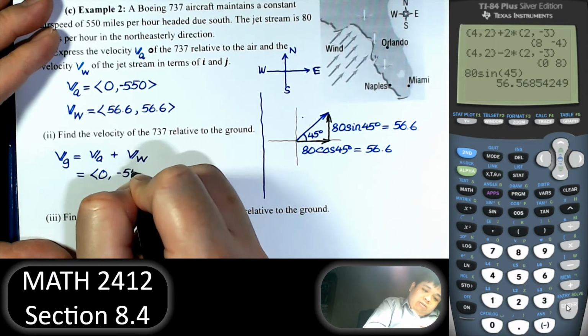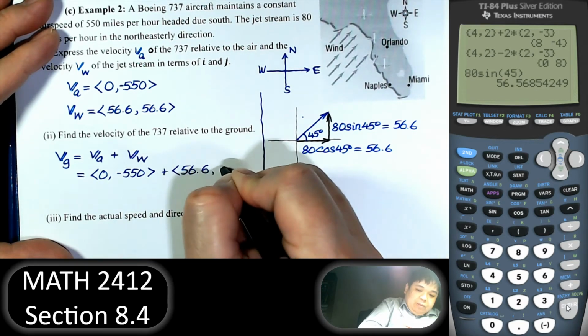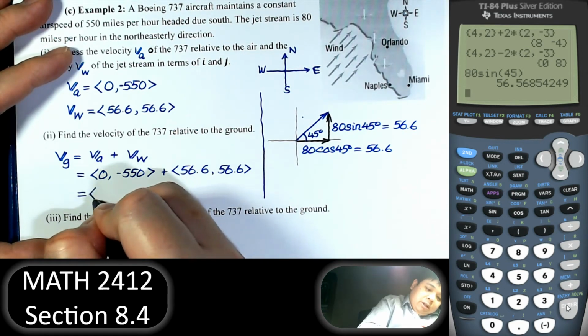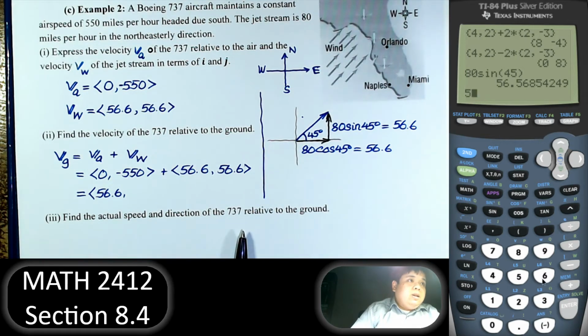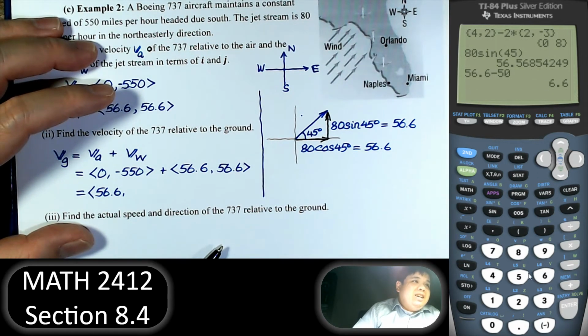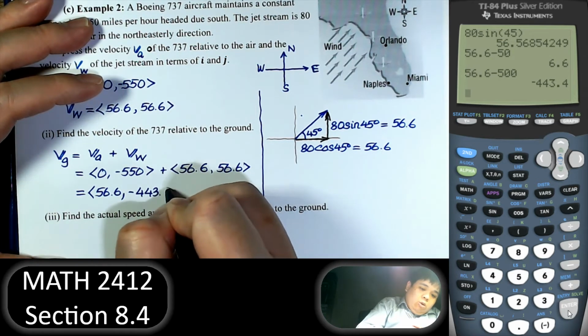So we just add them. 0 plus 56.6 gives us 56.6, and negative 550 plus 56.6 is negative 443.4.